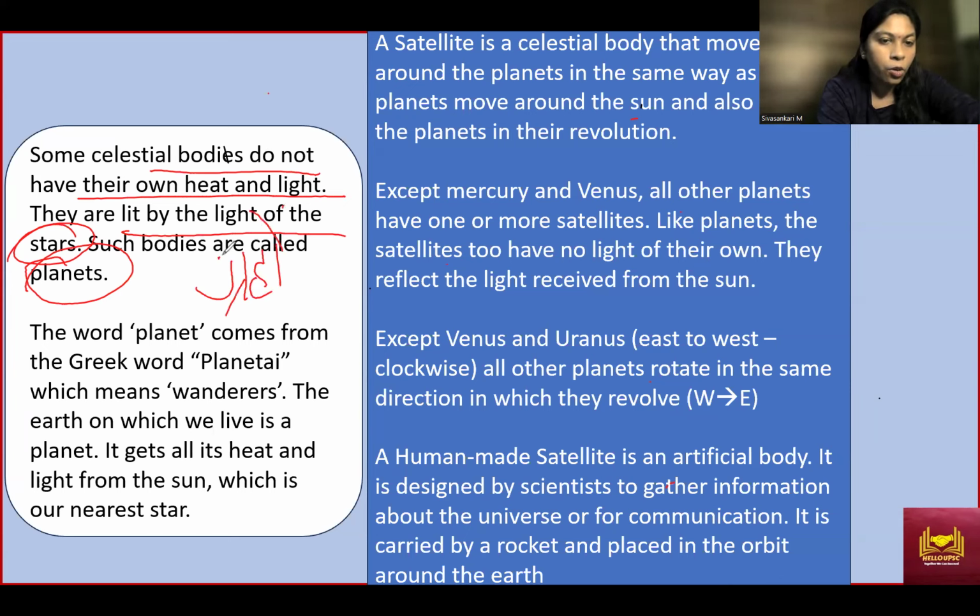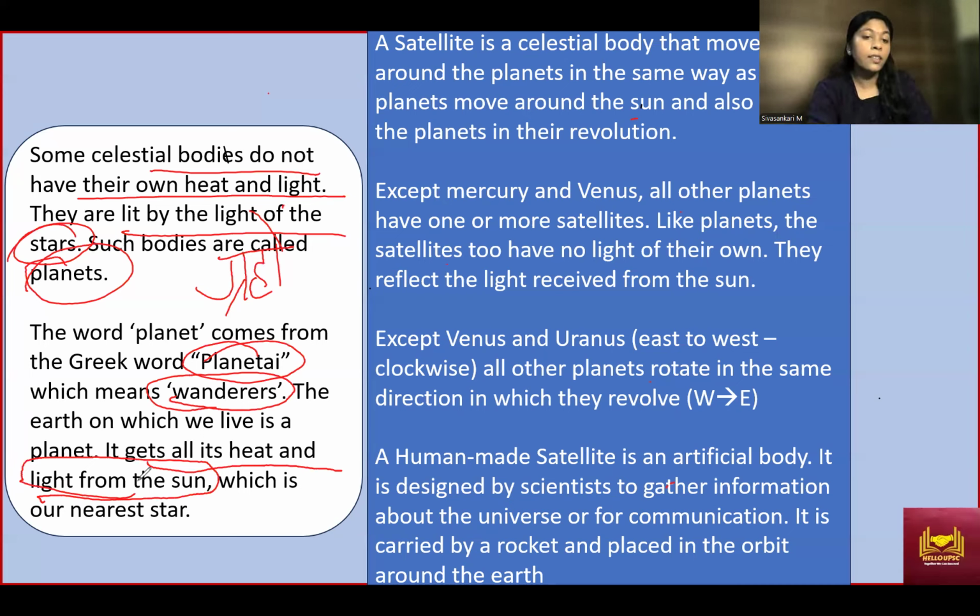The word planet comes from the Greek word planetoi, which means wanderers. Okay, so the earth we are living on is also called a planet, and it does not have its own heat and light. It gets its heat and light from the nearest star. Note that, from the nearest star, sun.